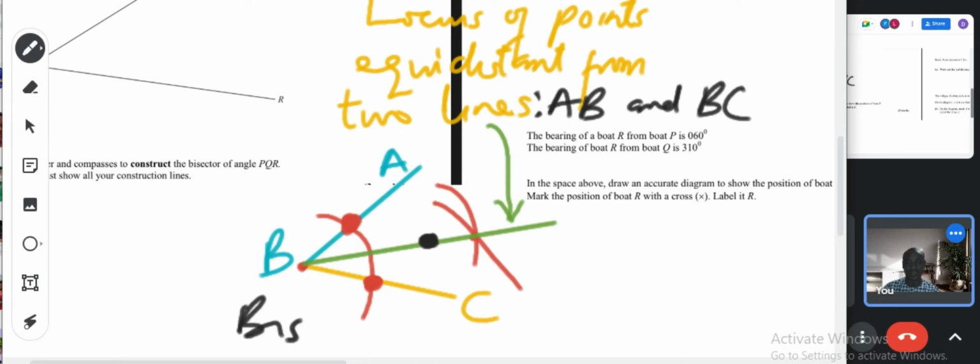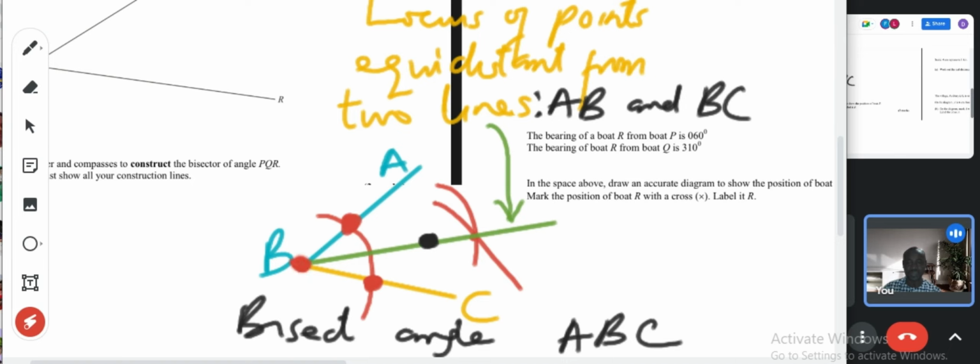Bisect angle ABC. To bisect angle ABC, you place your compass at B where the angle is formed. Draw a small arc. Where the arc cuts the two lines, these two positions, which I could call position M and position P, place your compass at those two positions.